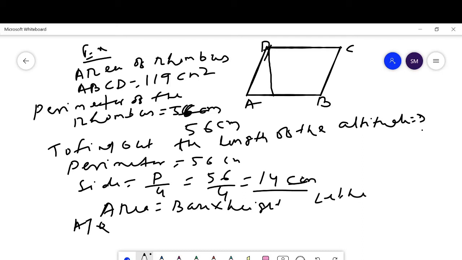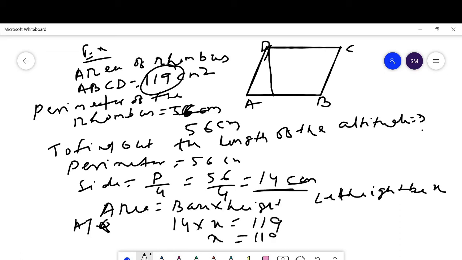Let height be x. Then 14 into x is equal to 119 centimeter square, because the area is given as 119. Hence x is equal to 119 upon 14.